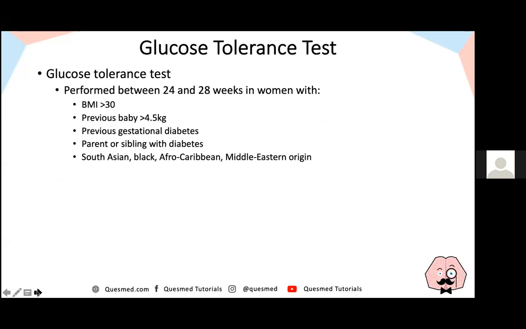The glucose tolerance test is performed on women considered at risk of developing gestational diabetes. So things like obese women, women that have had a previous big baby, people that have had diabetes in pregnancy in the past, people with first degree relatives with diabetes, or people of certain ethnic origins will be tested for a glucose tolerance test, which gives a risk of gestational diabetes.